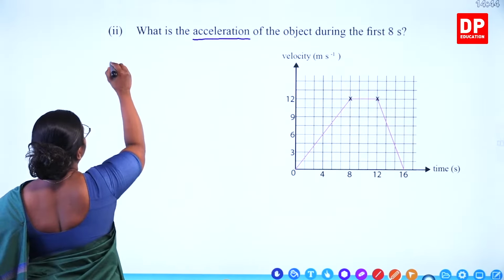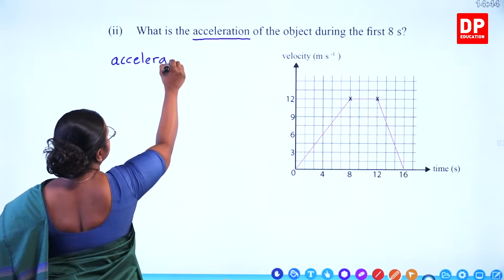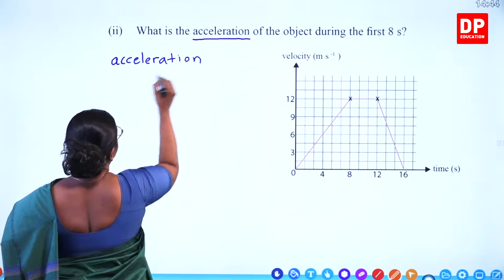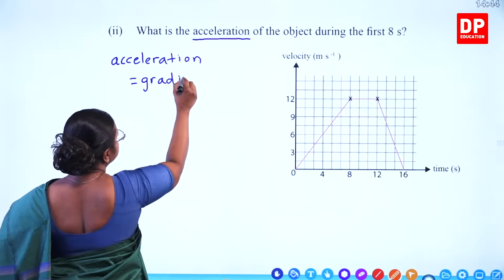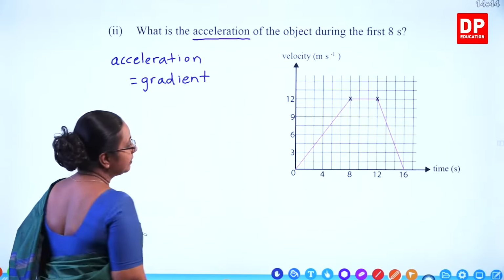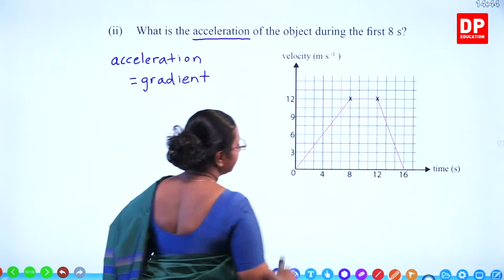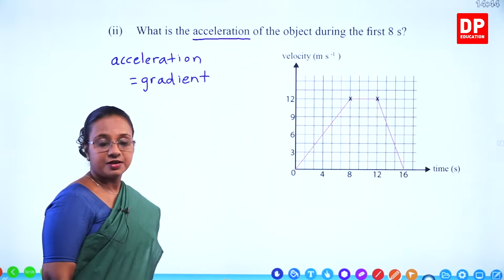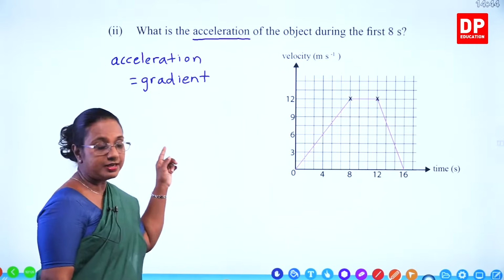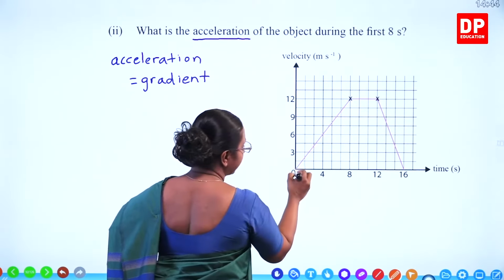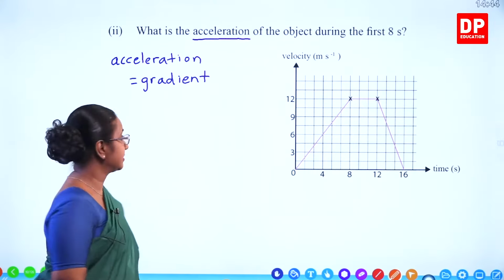So we will have to write it as acceleration, that is equal to the gradient of the graph. When we say gradient, difference in y-axis divided by the difference in x-axis.